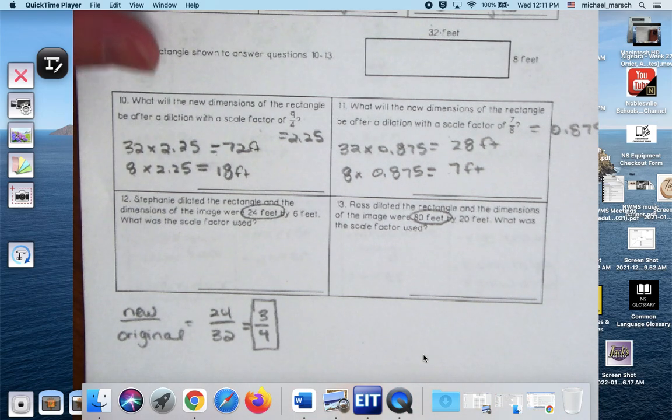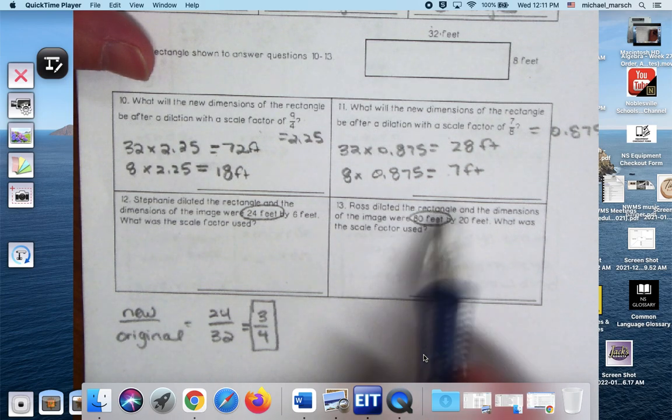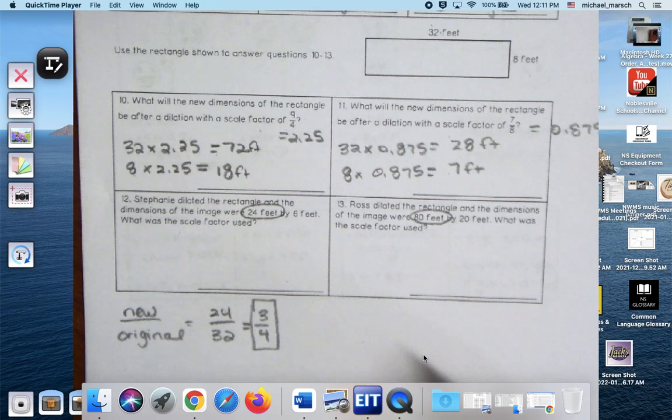Okay. Same thing for this one. We're going to dilate it. Obviously, this is going to be an enlargement because it increased. So my scale factor should be greater than 1.